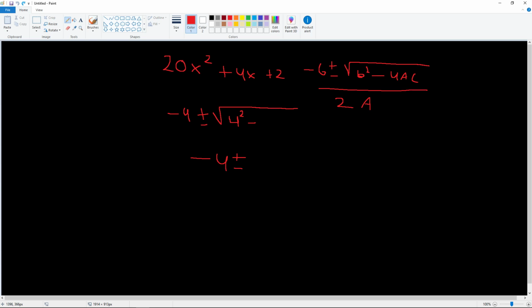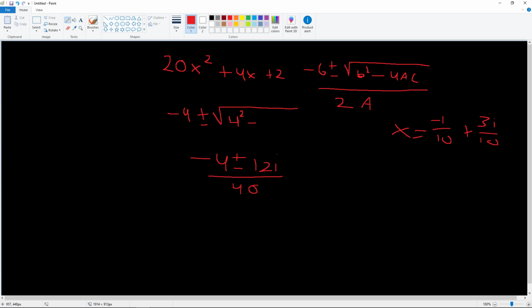So we had x equals negative 1 over 10 plus 3i over 10. So now let's just go ahead and solve this, but for the negative now, this was 12i over 40.